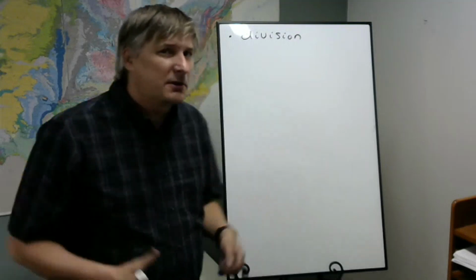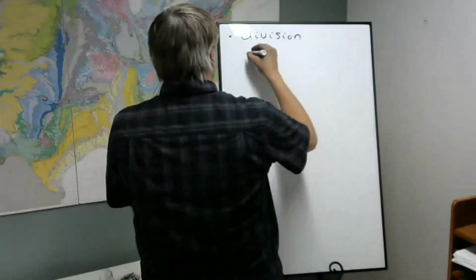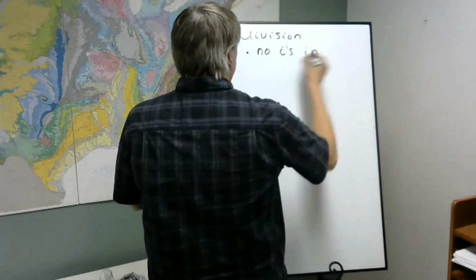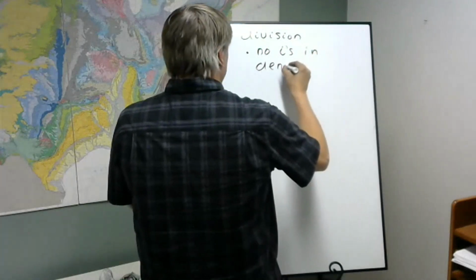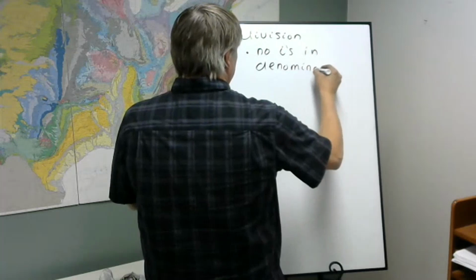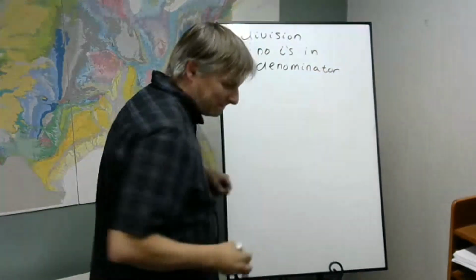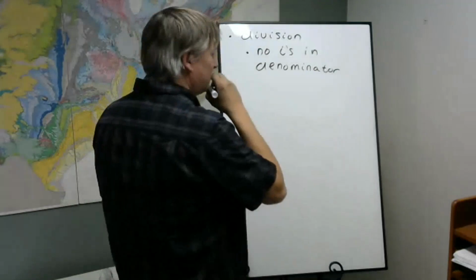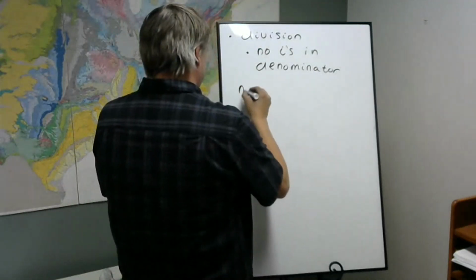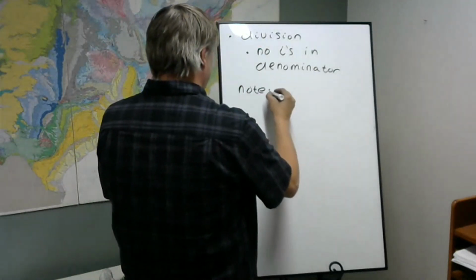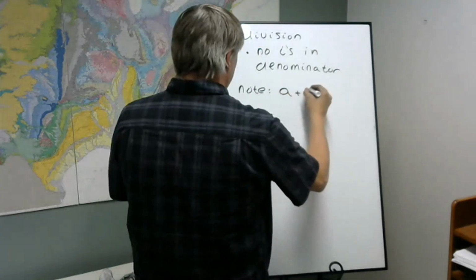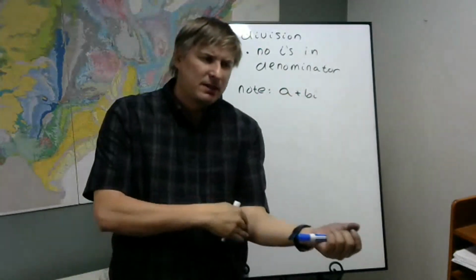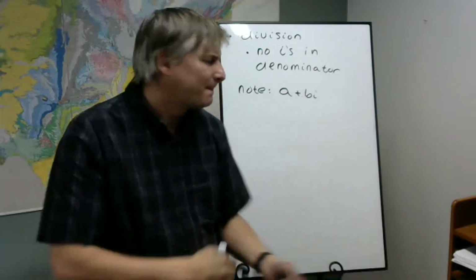And there's a way we can do this. So let's say we have something like, make this one observation. We did this with square roots, and it's going to work with i's as well.